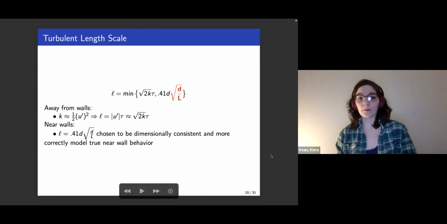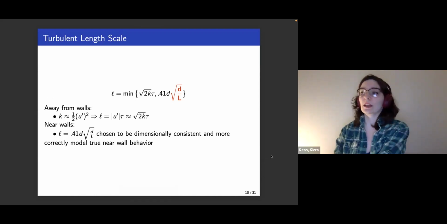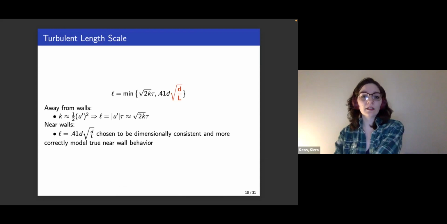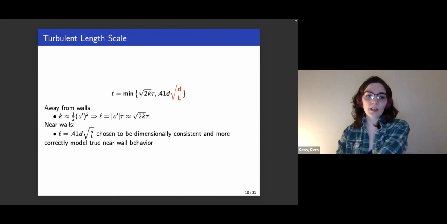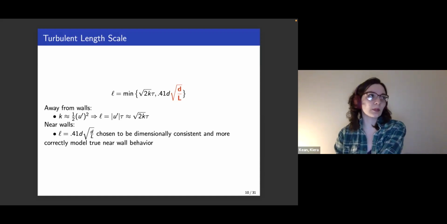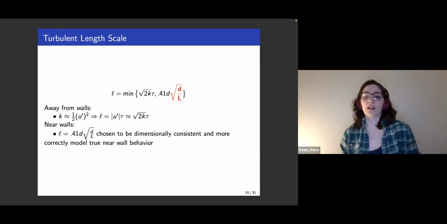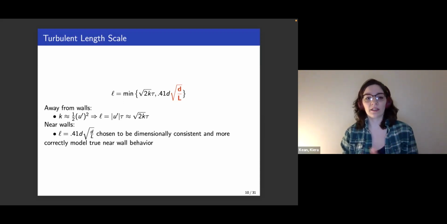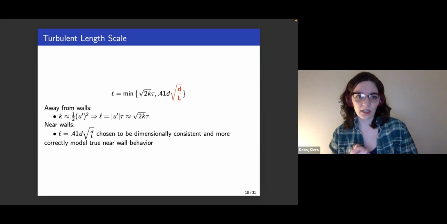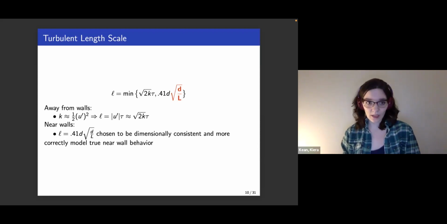So in our paper, we looked at a different length scale, which is the minimum of these two quantities. Away from the wall, we use the kinematic length scale, which was proven to not over dissipate in the periodic case. So away from boundaries, this method is not over dissipative.